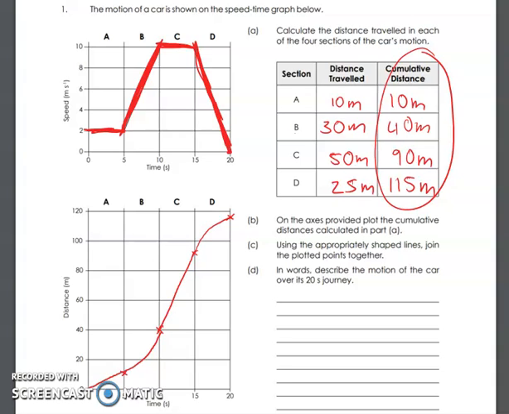Alright, so we've produced our distance time graph here using a speed time graph. So remember, the steps to doing this are: calculate the distance travelled, plot those distances against time, then join the lines together appropriately. So to do this, you need to know how to calculate distance from a speed time graph.